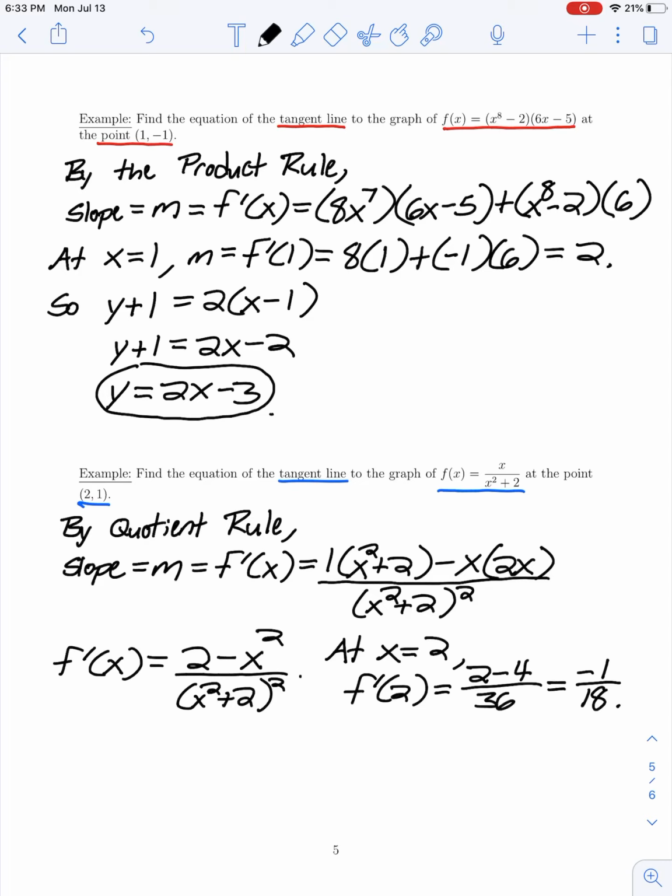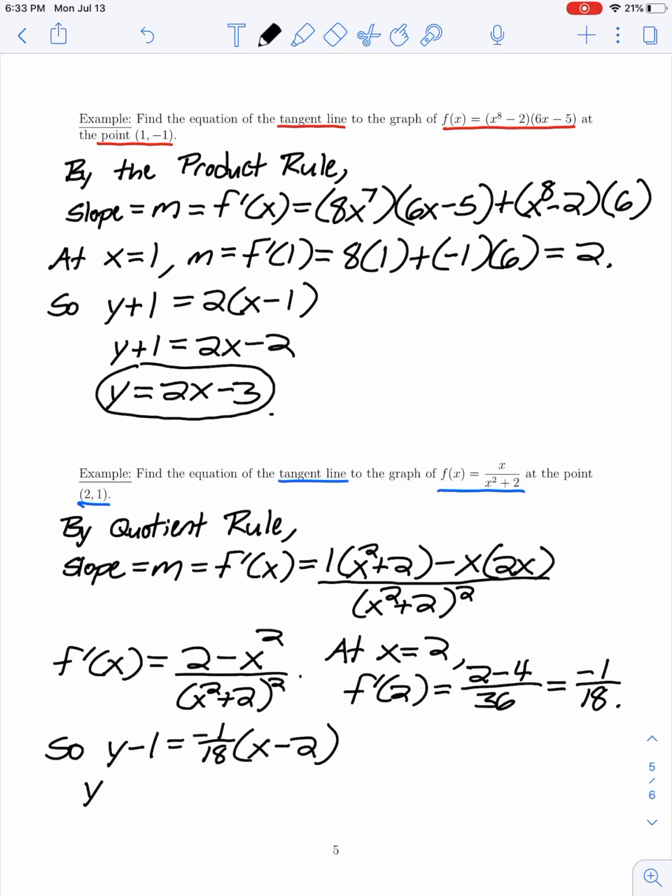So now that we have the slope of our tangent line and a point that the line passes through, we can use the point-slope form for the equation of a line to get the equation of our tangent line. So here we would have y minus 1 is equal to negative 1/18 times x minus 2.